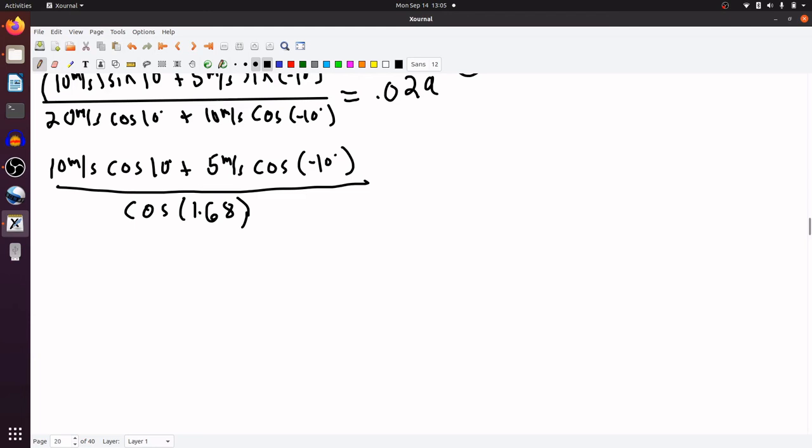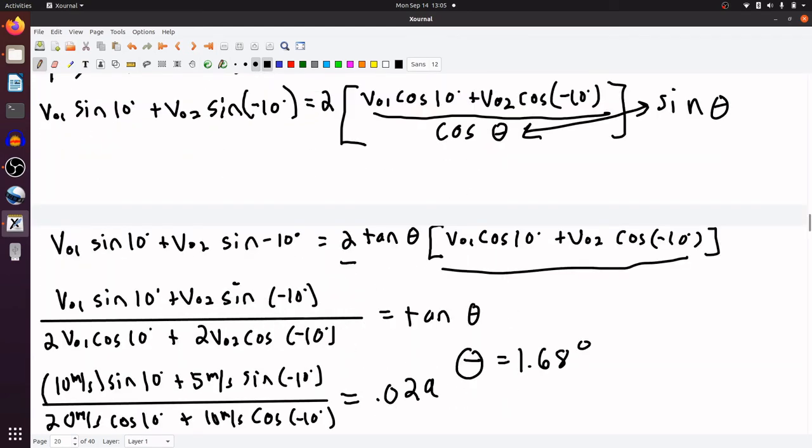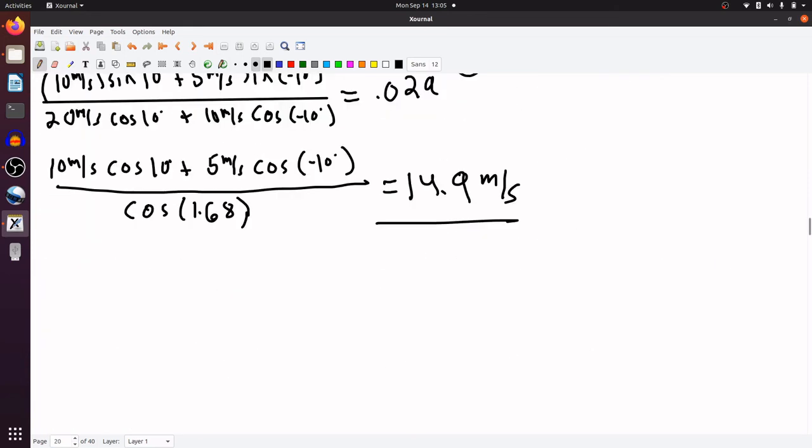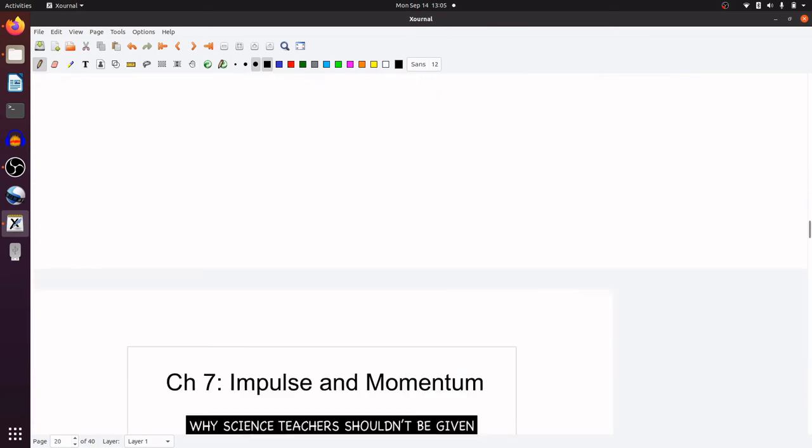It's going to give me 14.92. We'll just say 14.9. So the velocity is more or less reasonable. It kind of stays on track, but it turns into right around 15 meters a second.